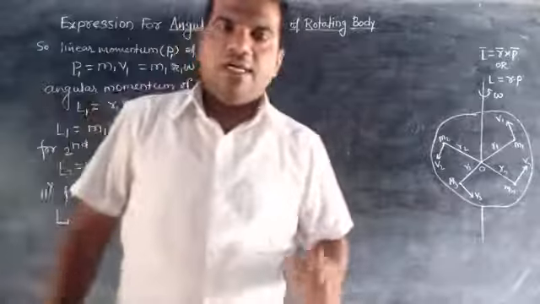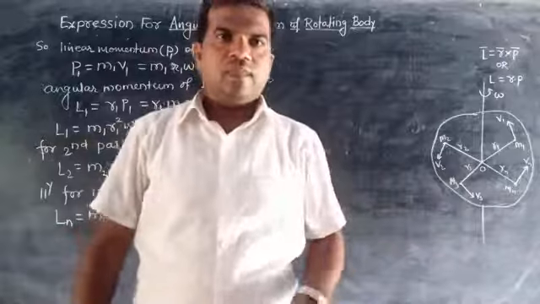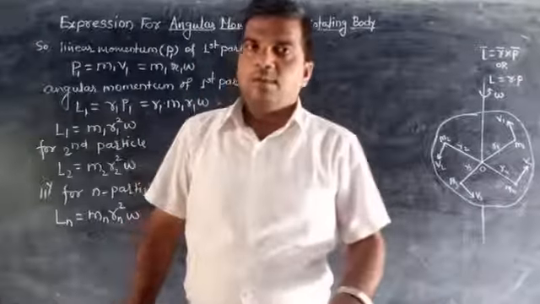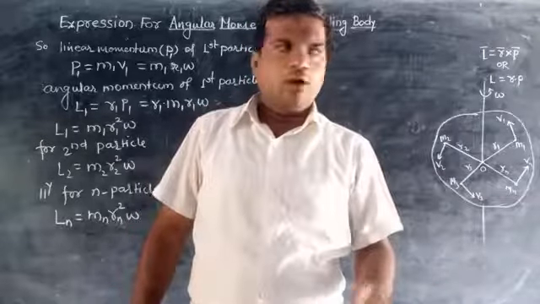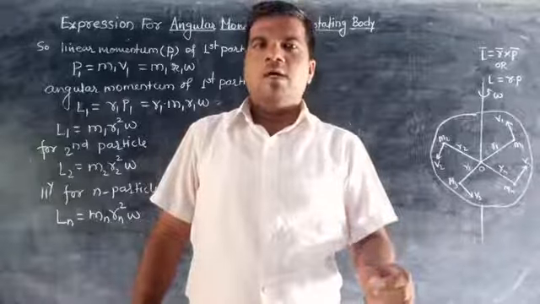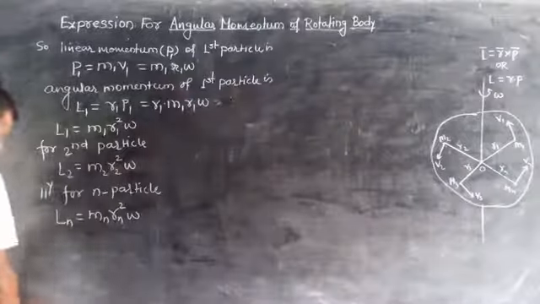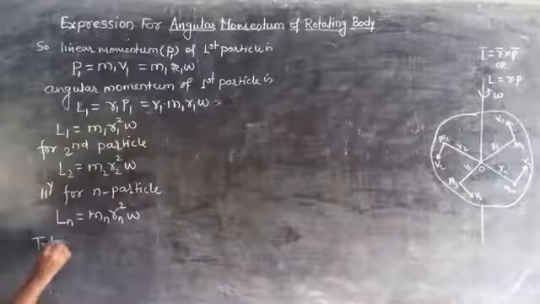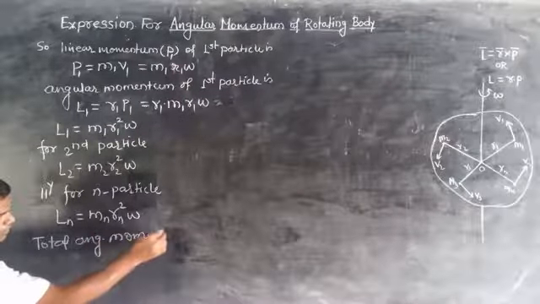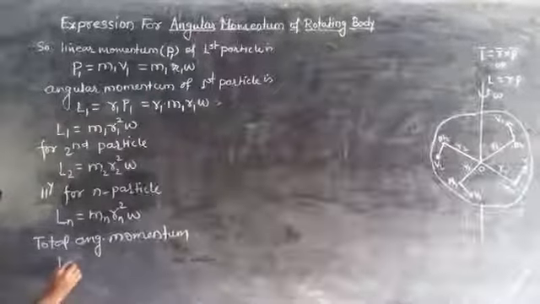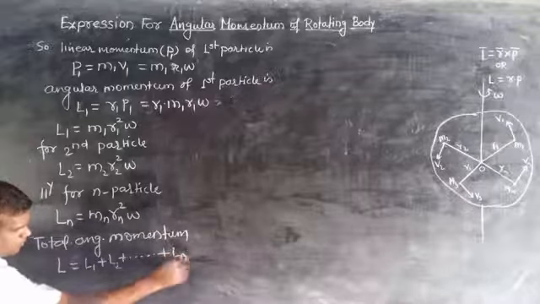We have to derive here the angular momentum of the rotating body, meaning the complete body, and this body is made up of n particles. Therefore, the total angular momentum of the rigid body is the sum of the angular momenta of the n particles, and therefore the total angular momentum L is equal to L1 plus L2 plus up to Ln.